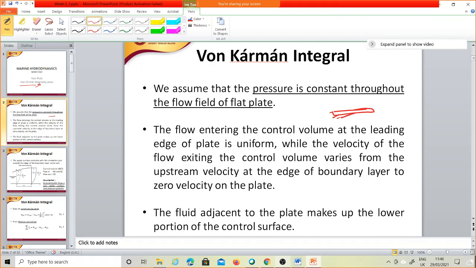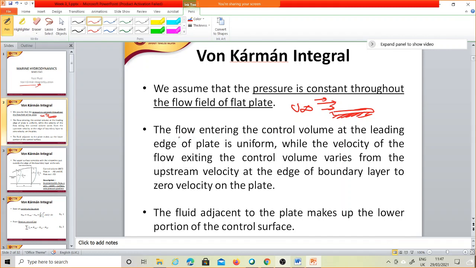It means your plate is stationary and flow is moving in this way with u stream, u infinity, or you can say u s, that is the undisturbed flow. So over the flat plate the pressure is constant. It will not change. This is your one assumption. It means anywhere you go, the pressure will be constant.